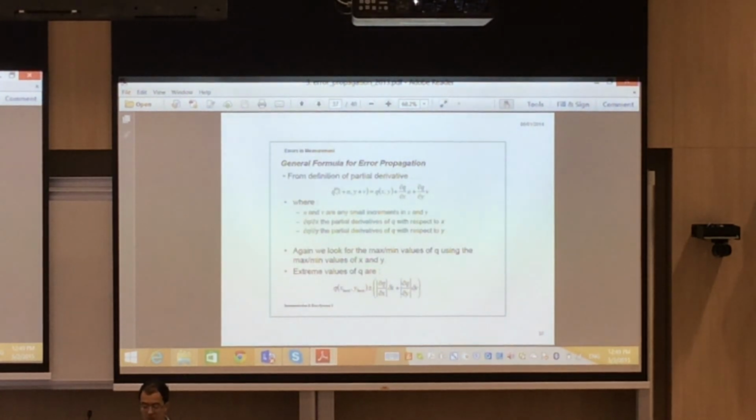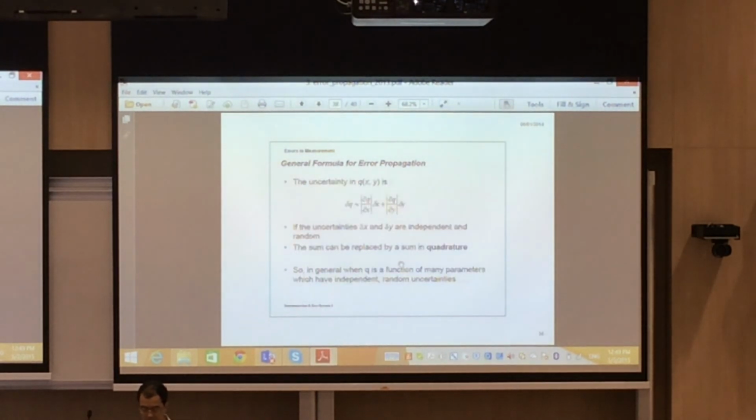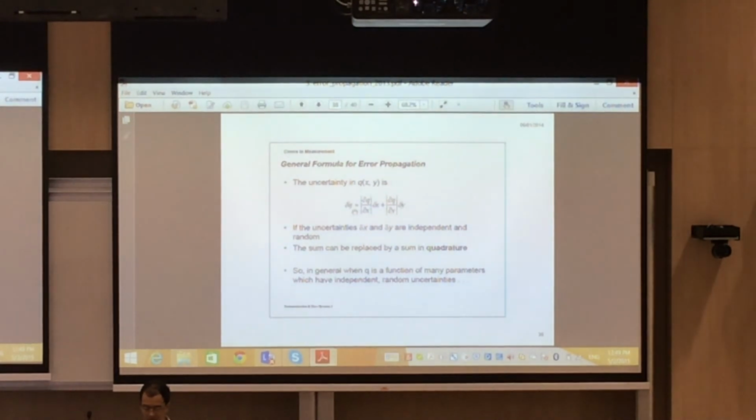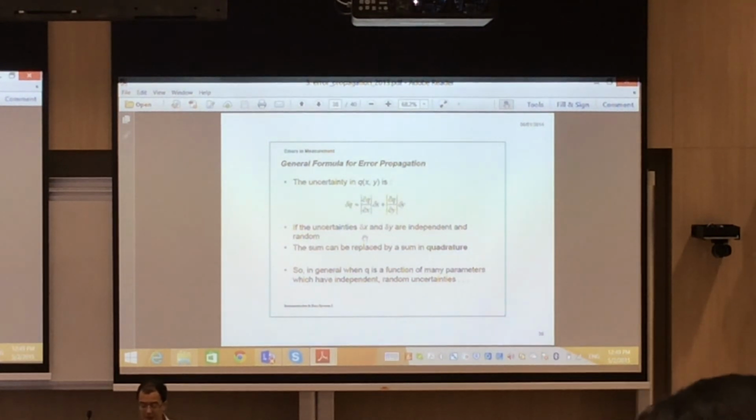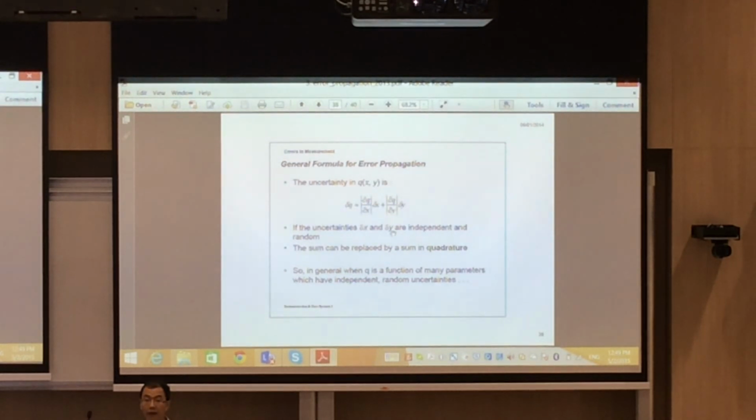The result for delta q will be delta q equals dq over dx delta x plus dq over dy delta y. Again, if the uncertainties in delta x and delta y are independent and random, the sum can be replaced by the sum in quadrature.